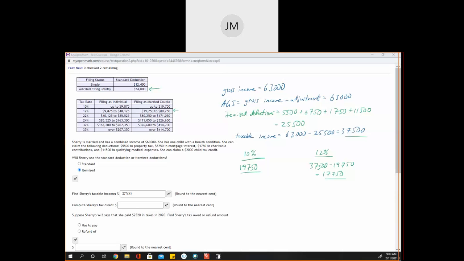Now we compute the tax by taking the percent of the amount of money in each of these buckets. We're going to take 10% of 19,750, and 12% of 17,750.